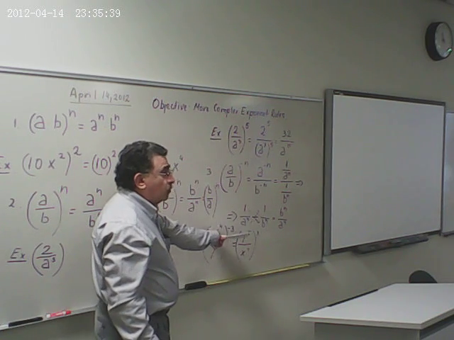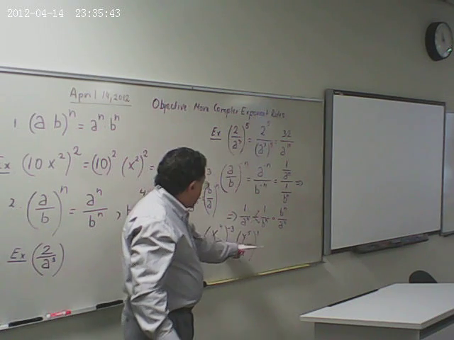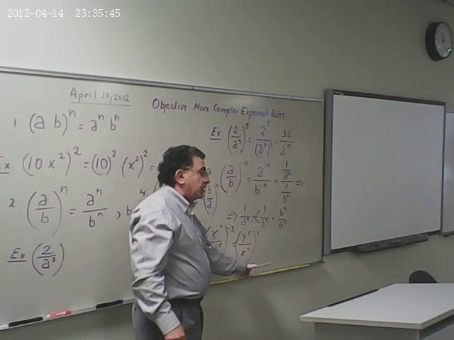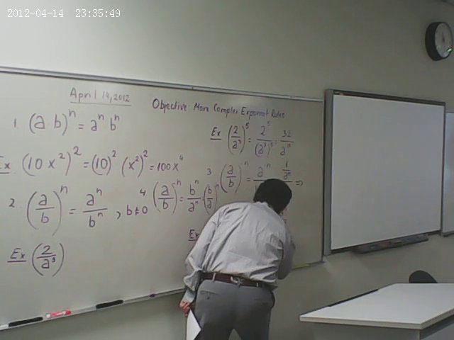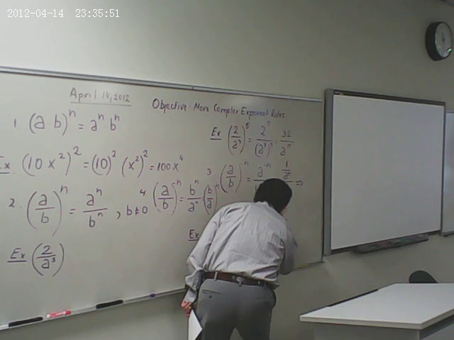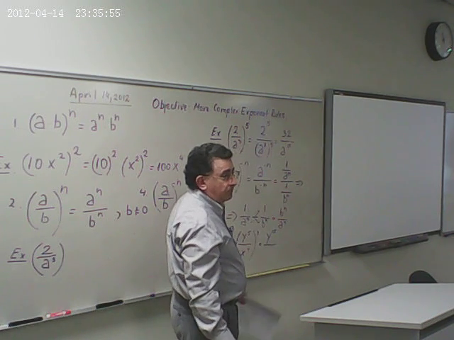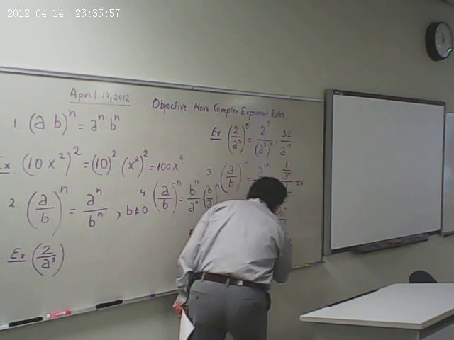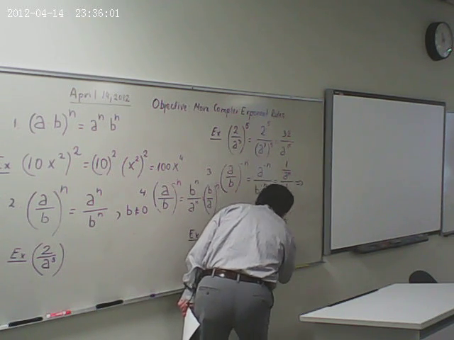And now I'm going to apply the power to power rule for the numerator and denominator. On the top, y with the exponent 15: 5 times 3 gives me 15, right? And on the bottom we have x to the 12: 4 times 3.